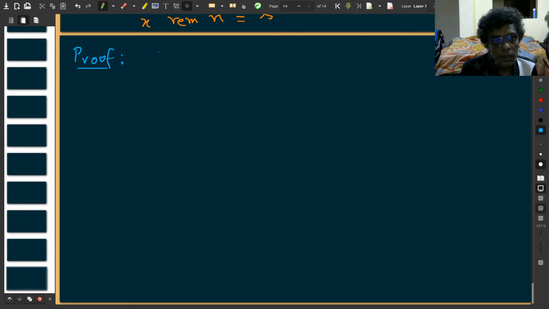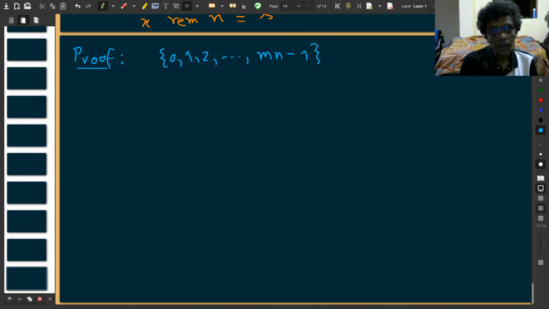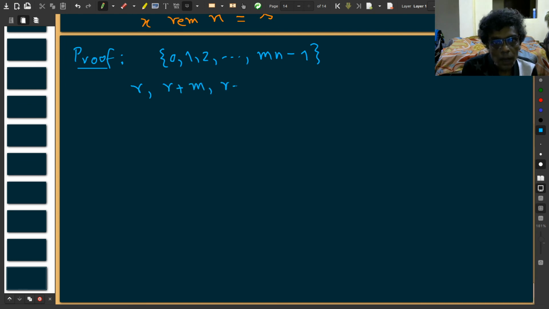If I look at all the numbers in 0, 1, 2 up to mn minus 1 that leave a remainder of r modulo m, these are precisely r, r plus m, r plus 2m, and so on, r plus n minus 1 times m.